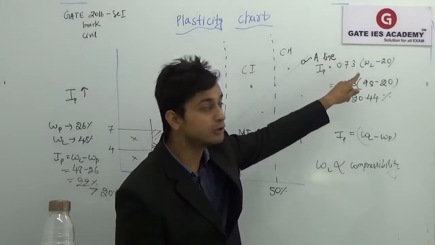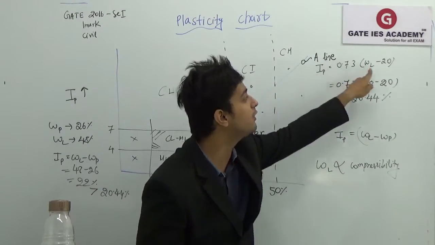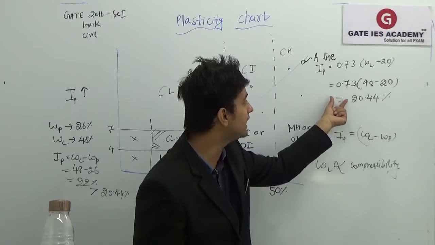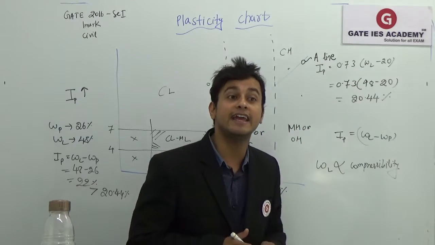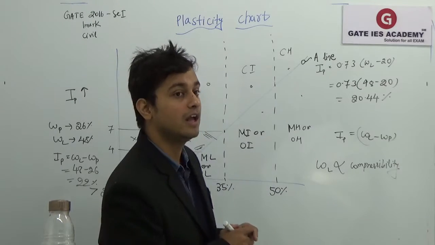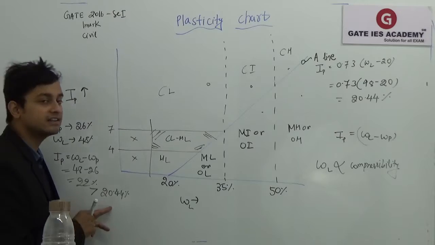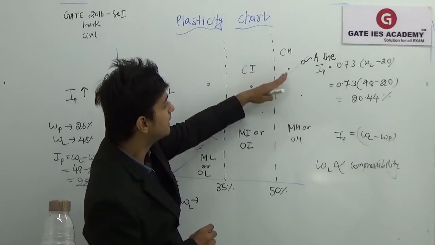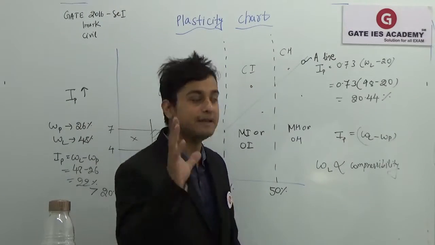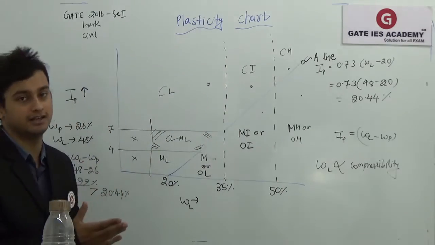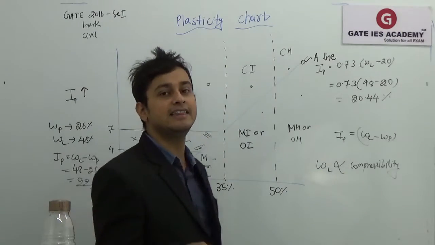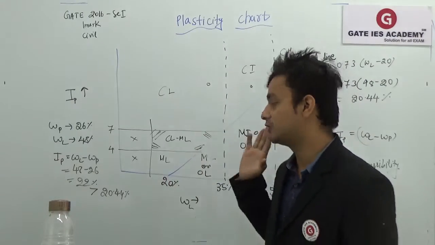It is nothing but y equals mx plus c, and if you put the value of liquid limit here, you will get the value of IP through the A line. Now if you see that this IP is greater than 20.44%, that means it is above the A line. That means it is a clay particle, that is more than sure to us.